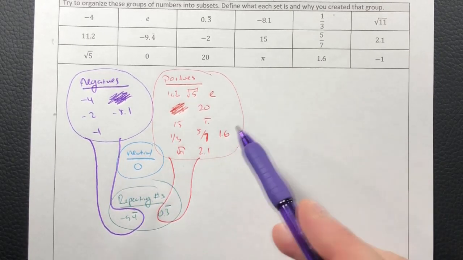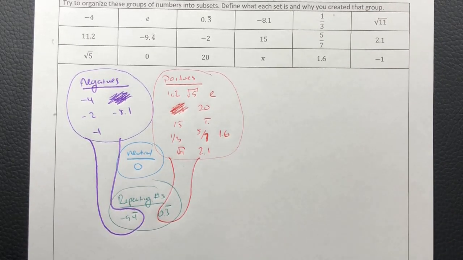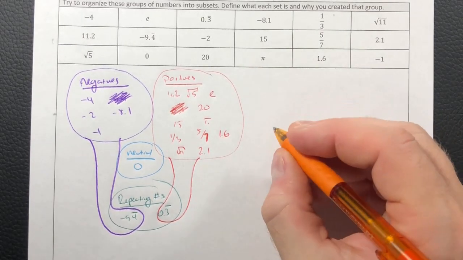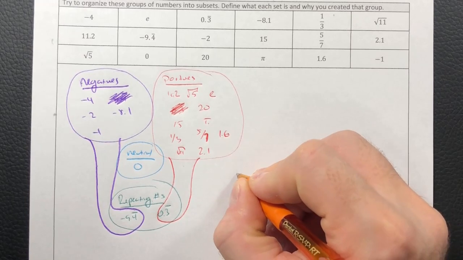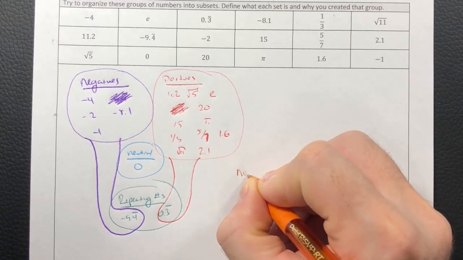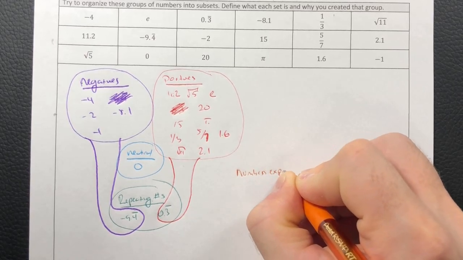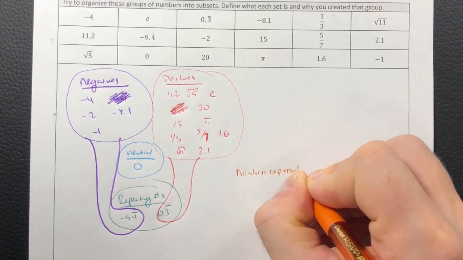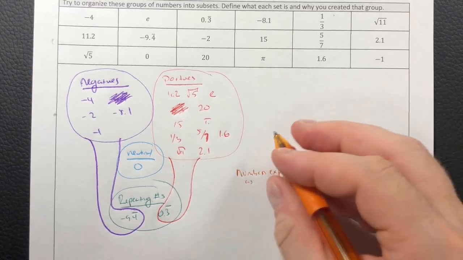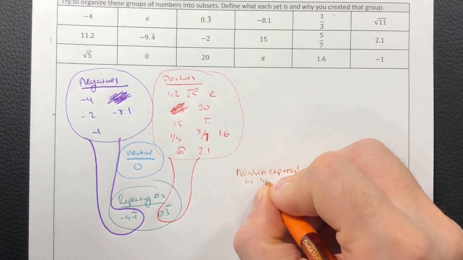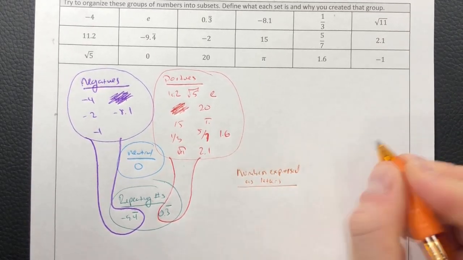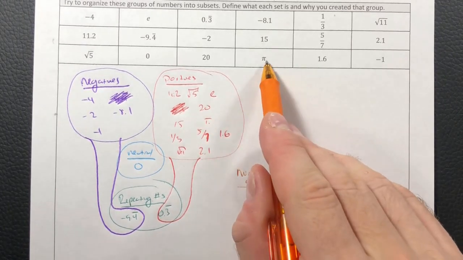And as we add more categories, let's say something like, let's do in orange, how about numbers expressed as either variables or letters. And now these are common numbers that tend to be represented as some sort of symbol.